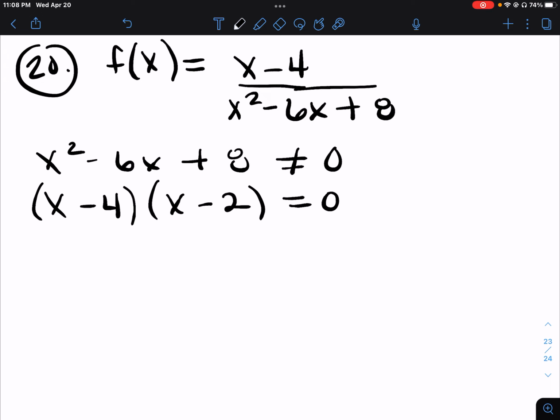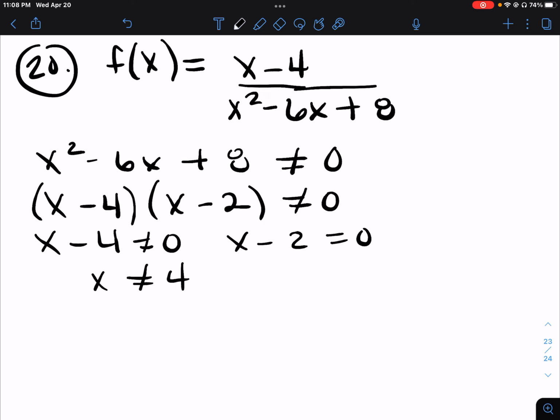Factor: multiply to 8, add to minus 6. Set them equal to 0. They can't equal 0, so x can't be 4, x can't be 2. So open circle at 2 and 4.